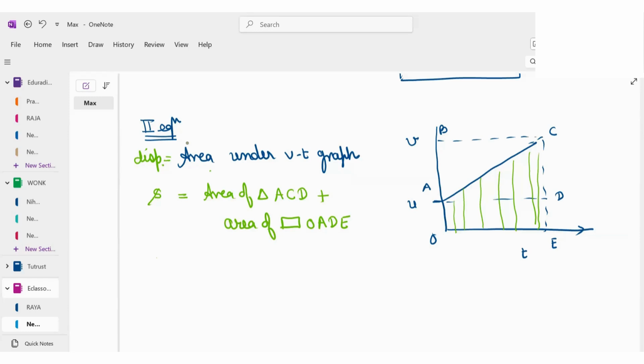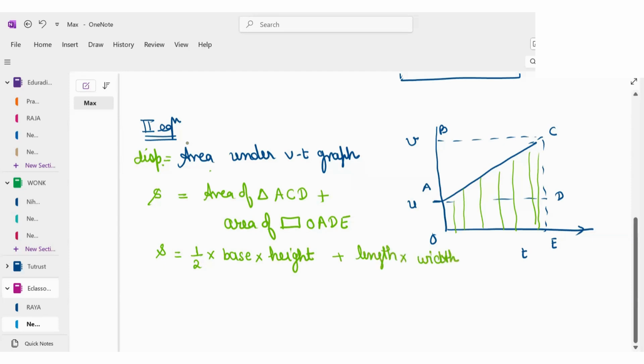Correct. What is the area of triangle? Can we say half times base times height? And area of rectangle, that's length times width. Just add both of them and then that's your displacement.